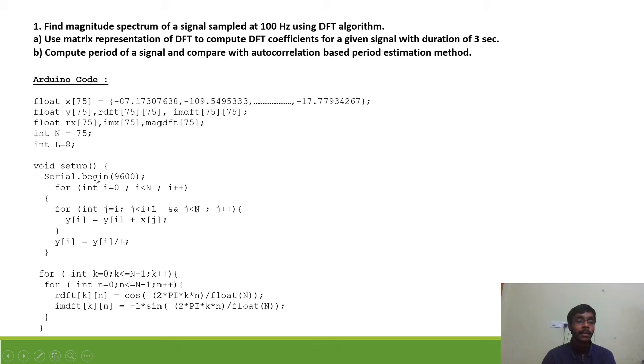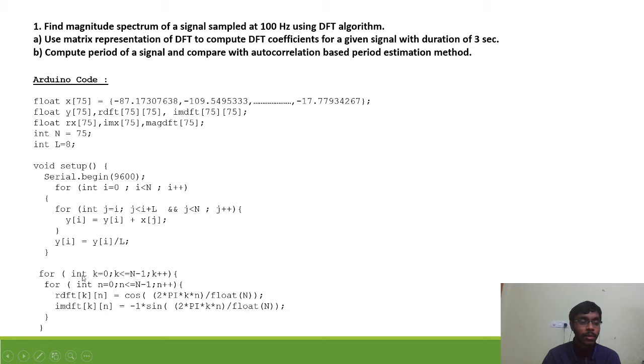Now we write the code in void setup so that the calculation is done just once, and in void loop we will print that saved calculation. So first in void setup, Serial.begin(9600). Now we applied moving average on the signal x of i and we got y of i, that is the smoothened signal.